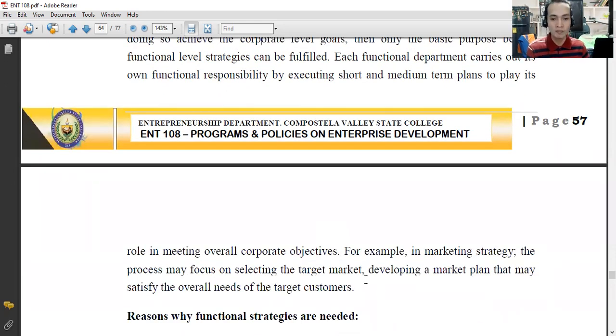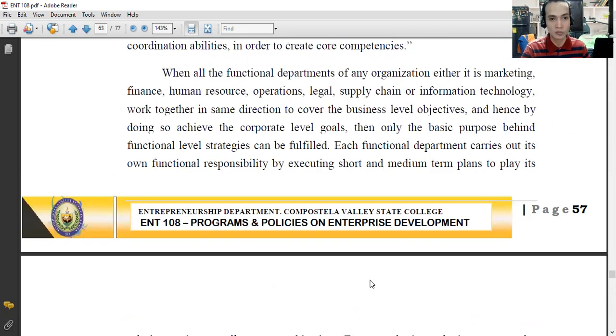For example, in marketing strategy, the process may focus on selecting the target market and developing a marketing plan that may satisfy the overall needs of the target customers.